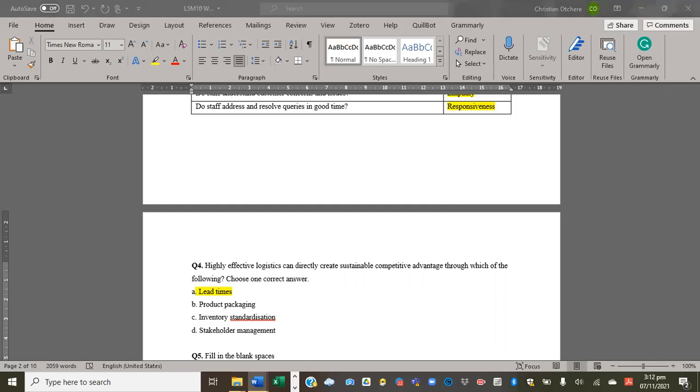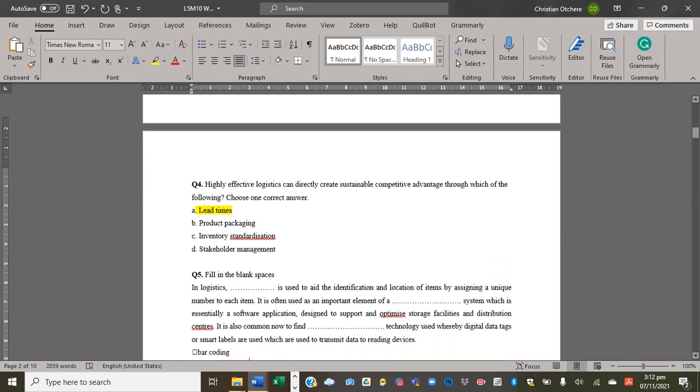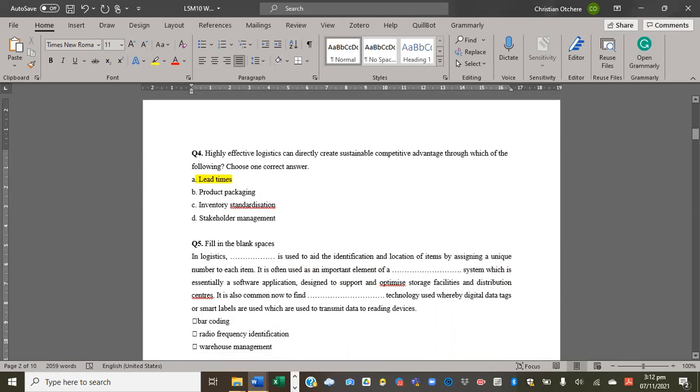The others, inventory standardization, stakeholder management, product packaging, are not proper sources of competitive advantage. A lot more should be done. Now we are filling in the blank spaces.